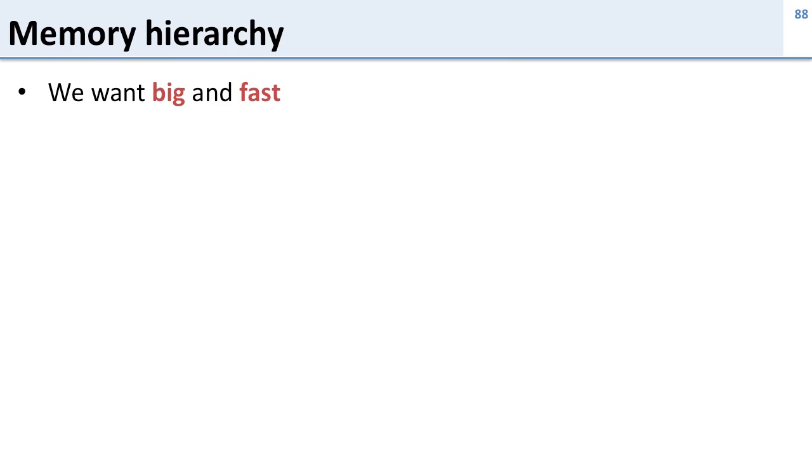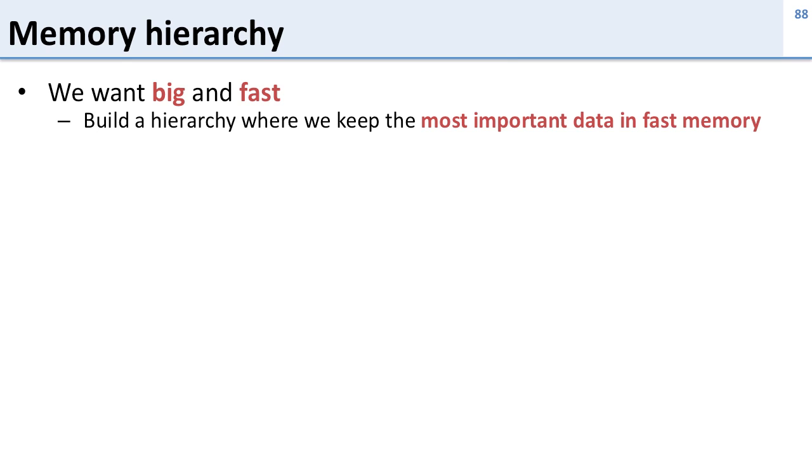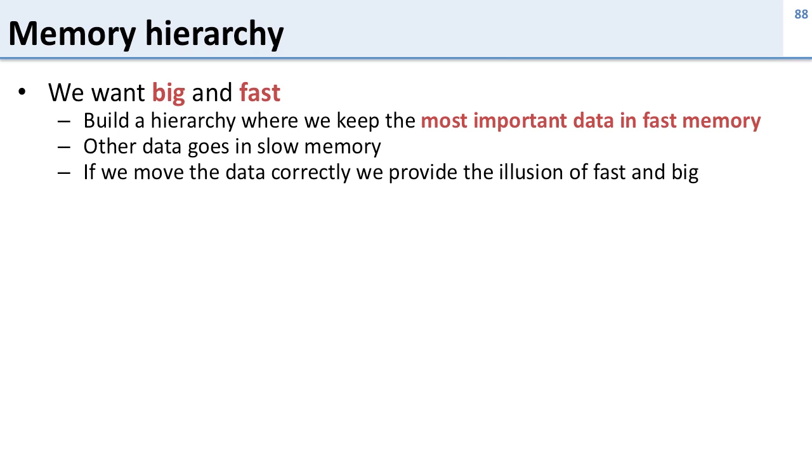So to review why we have this memory hierarchy, we want to have memory that's both big and fast. To do this, we're going to build a hierarchy where we keep the most important data in the fast memory. That is, we try to move the data we're accessing right now into the cache so we can access it fast. The other data we're going to move into the slow memory. And if we do this correctly, we provide the illusion of a big memory that's also fast.